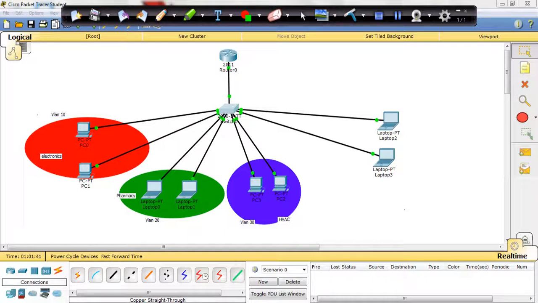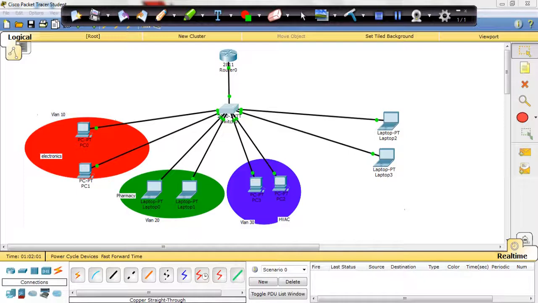You know, take money from the POS terminals, with the self-checkout and from every department. So in this lab, I have the three departments, and we've set the electronics department as VLAN 10, the pharmacy is VLAN 20, and the heat and air conditioning is VLAN 30.